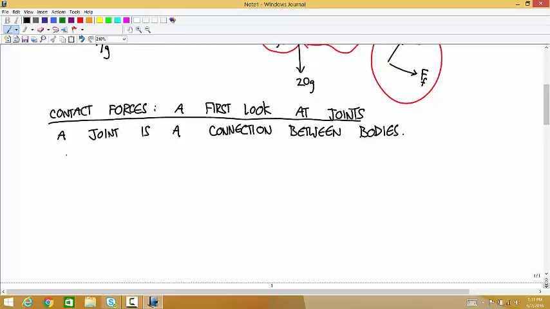And you can have all sorts of joints, like, for example, if you have a pin joint here, a hinge type thing, this can rotate around. That applies a certain kind of loads. You could also have a fixed joint. You could imagine this beam welded to the wall. That applies a different kind of loads to this beam than this pin joint does.